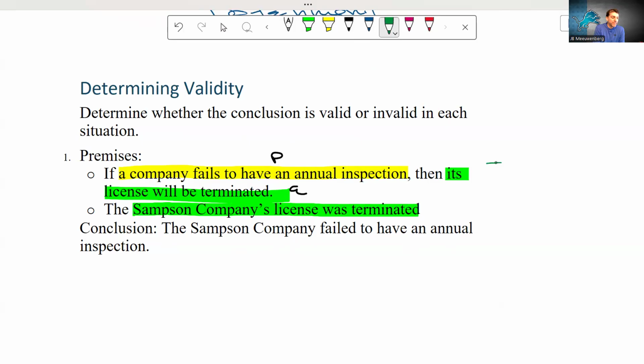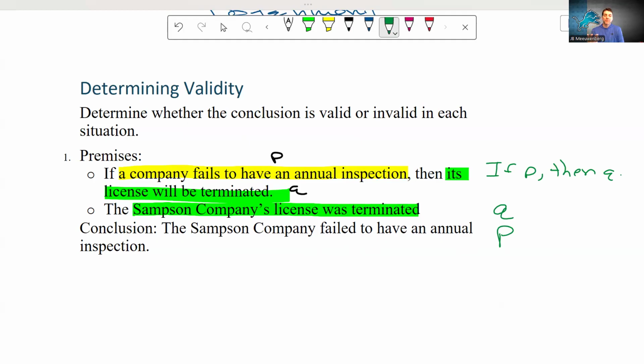So this is really saying, if P, then Q. The second premise was Q happened. And the conclusion that's drawn is, if Q happened, then P happened. Is that something we can conclude? If you think back to all three of those original related statements, that is an example of a converse.